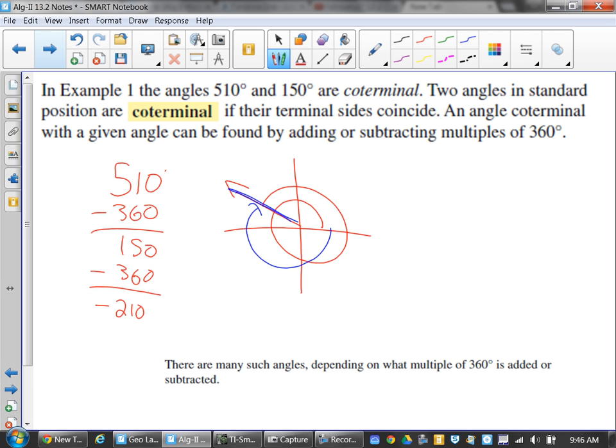You're going to find one positive ending spot and then one negative. So all you had to do here, since 510 was already more than one revolution around the circle, was back it up twice. This was really quite simple when you start to do a few of them. I know you were worried about the negatives, but does that make sense where I'm getting that negative? I'll show you another one.